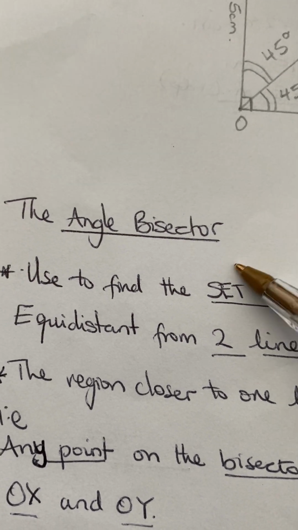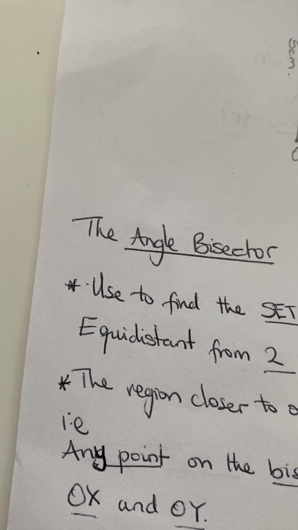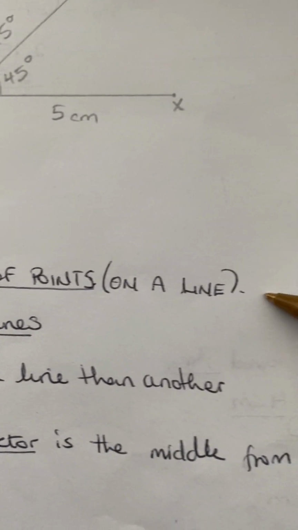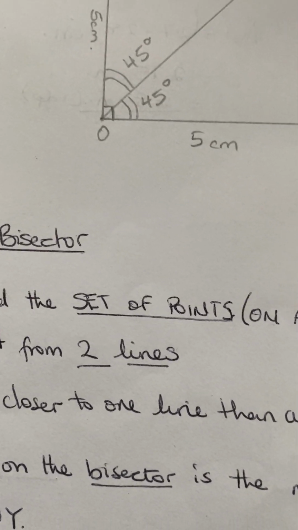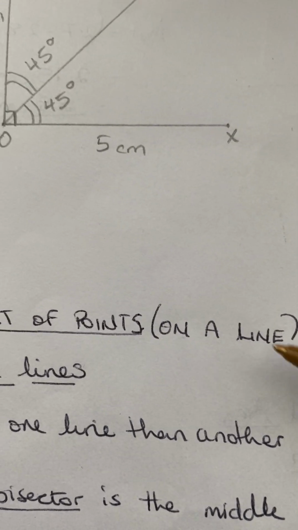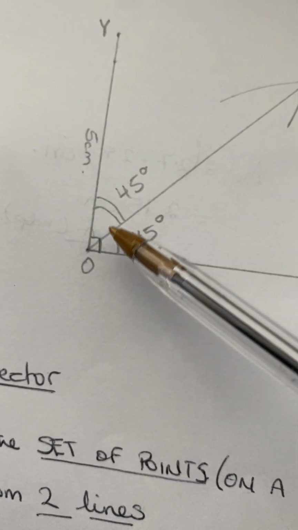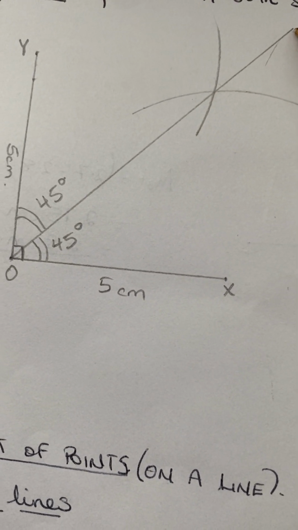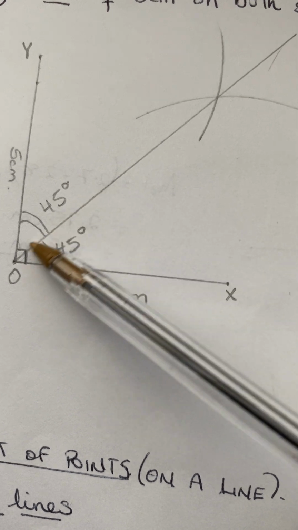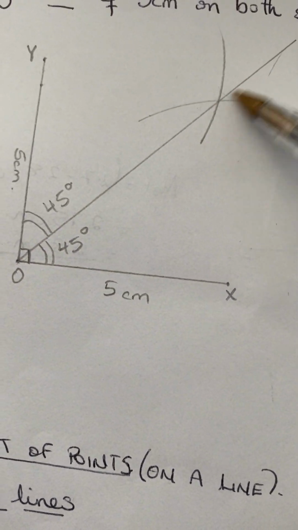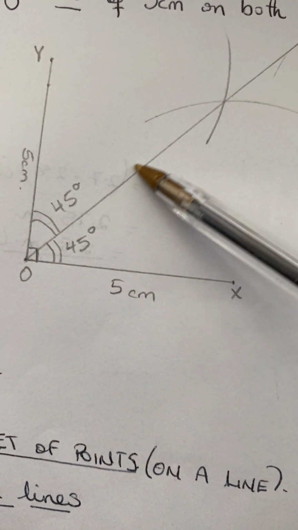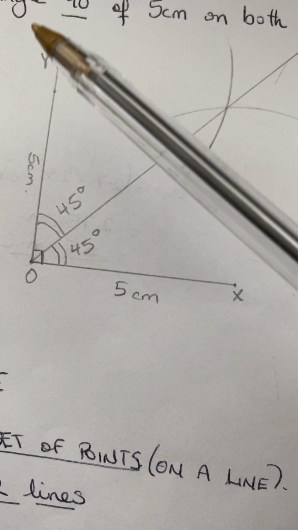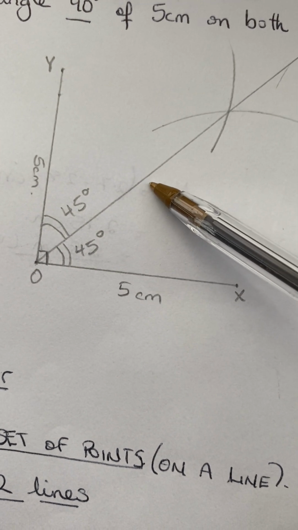Now, the angle bisector we just did, we use it to find a set of points on the line. Okay, you remember when we were talking about loci? Okay, so all these points here are the line that divide this angle into two equal parts. So the distance from X and Y are the same.